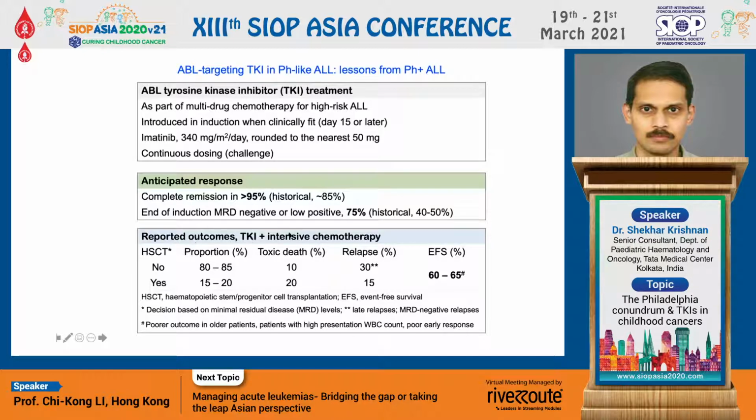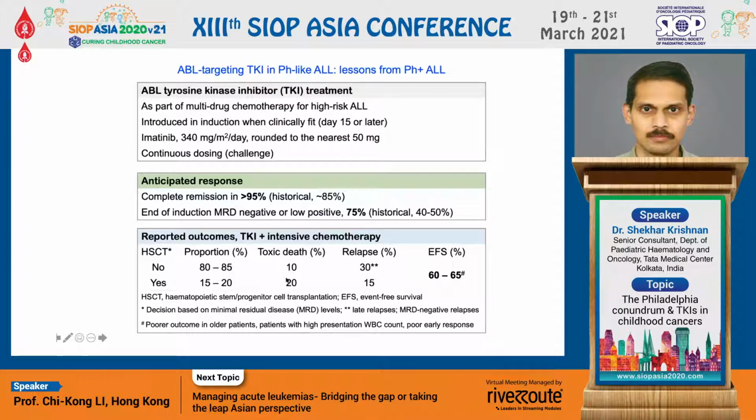But what I want to point out is that with TKI plus intensive chemotherapy, the outcomes are probably about double that if you don't use a TKI. So with TKI the outcomes are probably about 60 to 65%. If you don't do HSCT, it is probably about 80 to 85%, these are MRD negative patients. The deaths are fewer, relapses are higher.